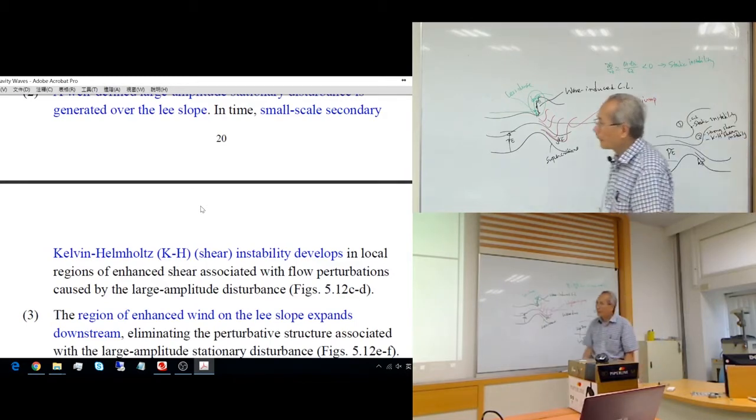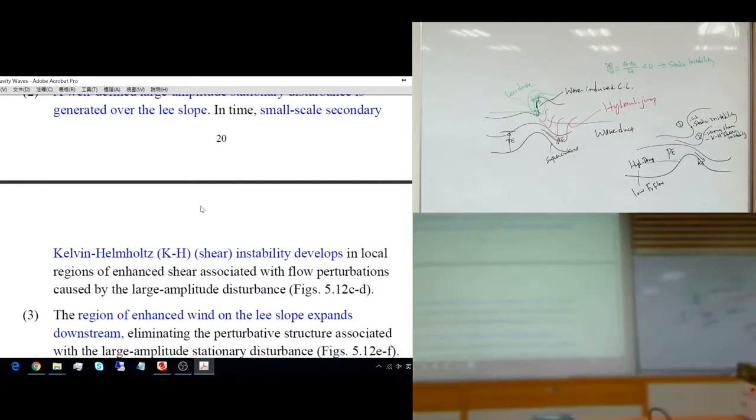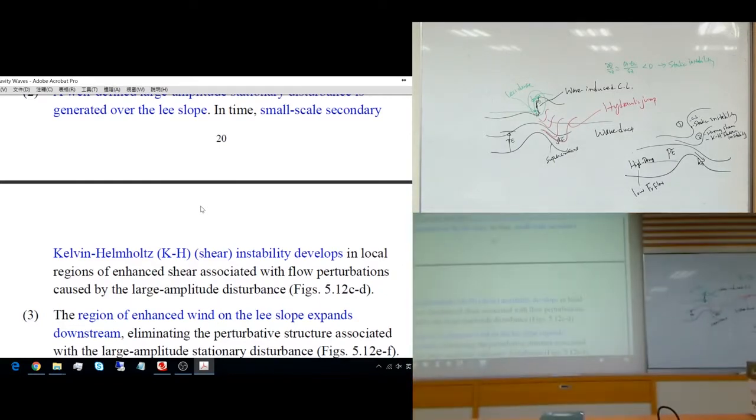And shear instability, that is what we call the Helmholtz instability. Okay, Helmholtz. So normally people call it K-H instability.